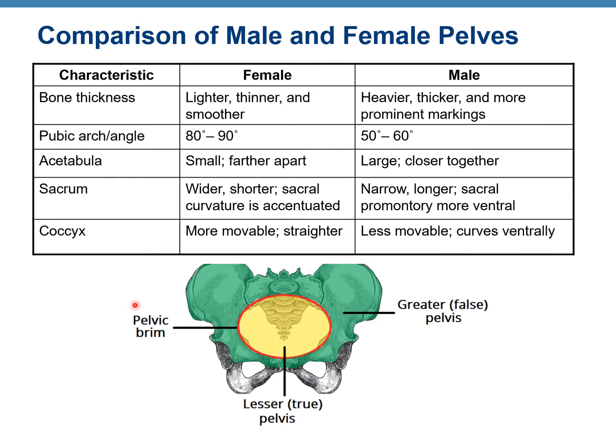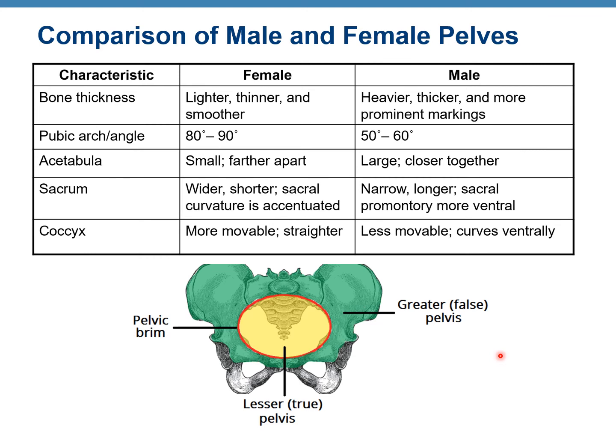Sacral curvature is accentuated. In a male the sacrum, and that's a sacrum over here, is narrow and longer. The sacral promontory is more ventral. The coccyx is more movable and straighter in female, and less movable and curves ventrally in male.